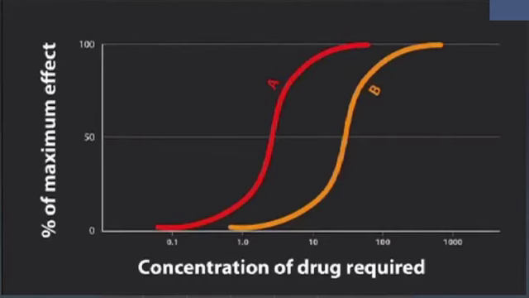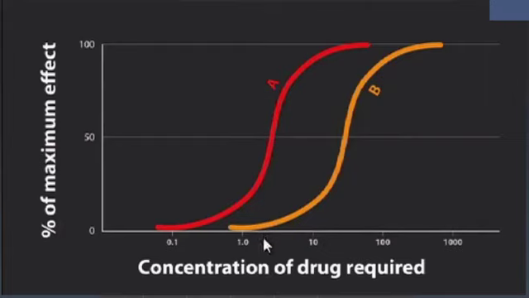So look at the graph. We arbitrarily mark 50% of the maximum effect, and we follow that horizontally out to where it intersects the curve. And the value of the x-axis at that point where it intersects the curve is the EC50.